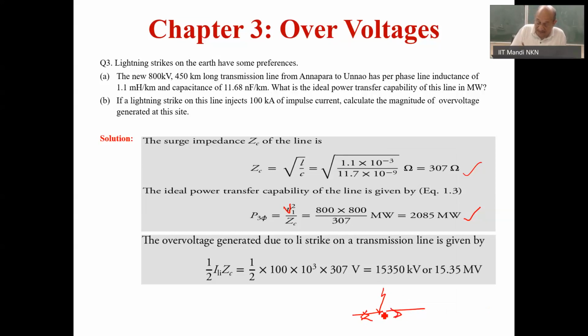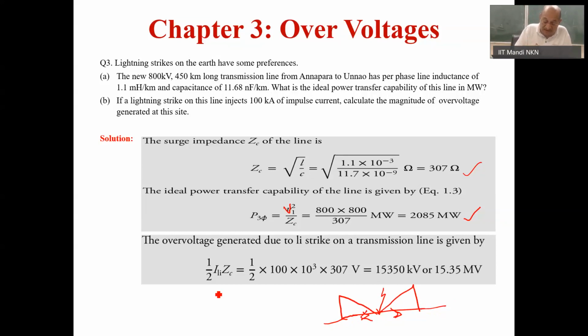And on both sides, depending upon the magnitude of the current and the surge impedance of the transmission line, which is the same on both sides, half the current will be able to flow.